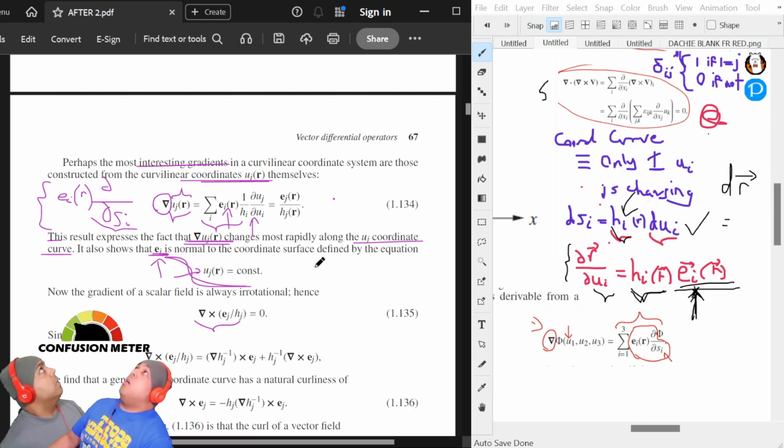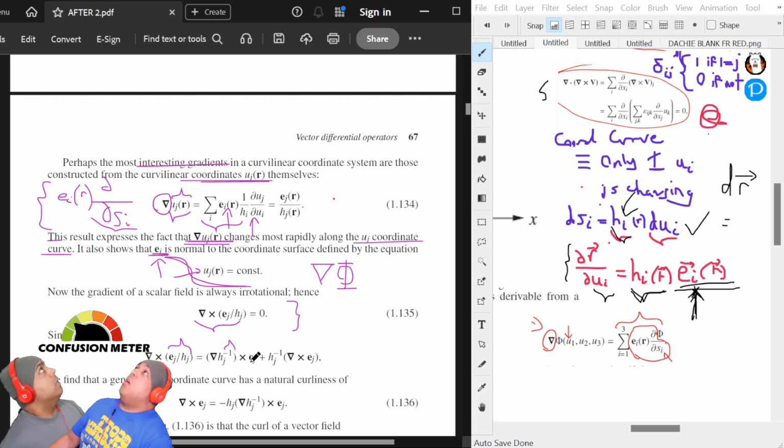Gradient of a scalar field is always irrotational, so hence this. Okay. Since the curl of this, oh my god, spooky -1.